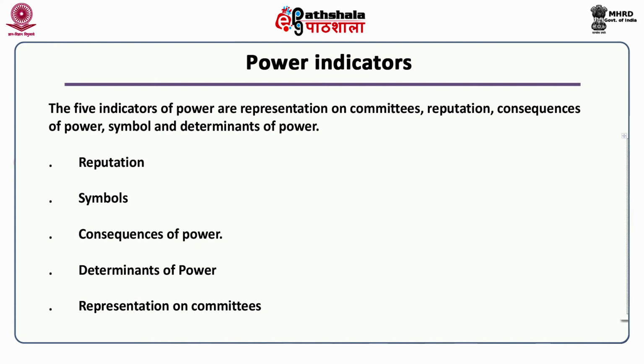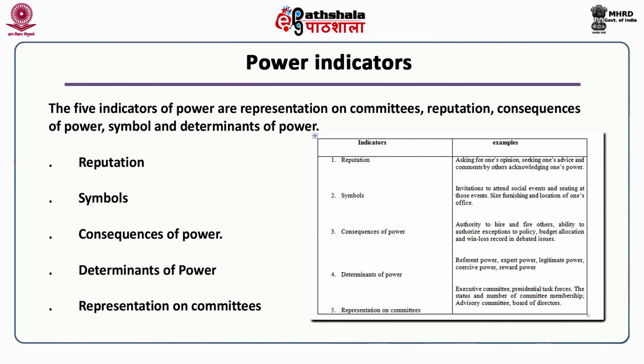First, reputation. Asking the organizational members about who possesses the greatest power is a way of assessing power in the organization. This method assumes the powerful have knowledge and want to report about power relationships, and measures the reputation of organizational members as perceived by others.